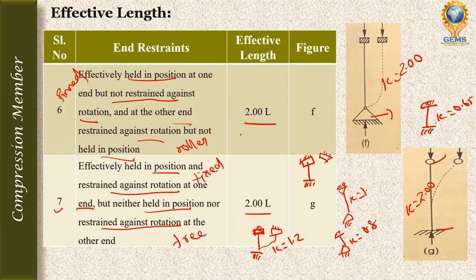So that condition, your K value is 1.5. And the sixth condition is one end is pinned, another end is roller condition, your K value is 2. And last condition is one end is fixed, another end is free. Here also K value is 2. So you have to memorize these values.